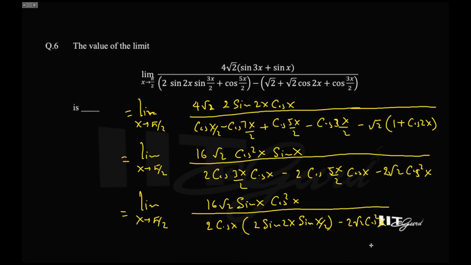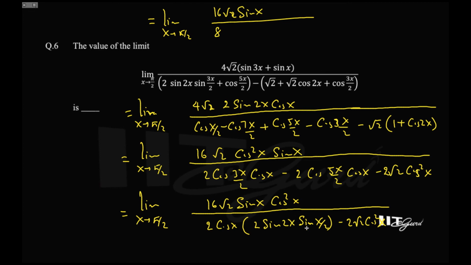So finally what we conclude over here, limit x tends to pi by 2, equal to 16 cos x by 2 after iteration, 16 root 2, and sin x upon 8.